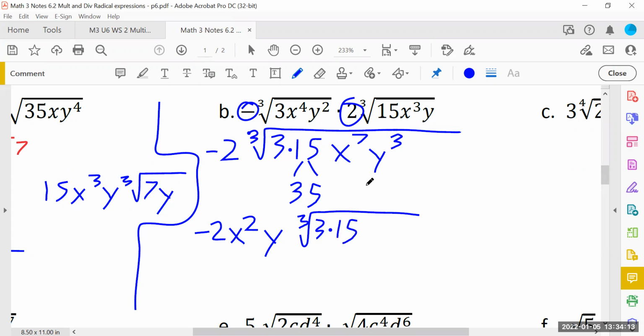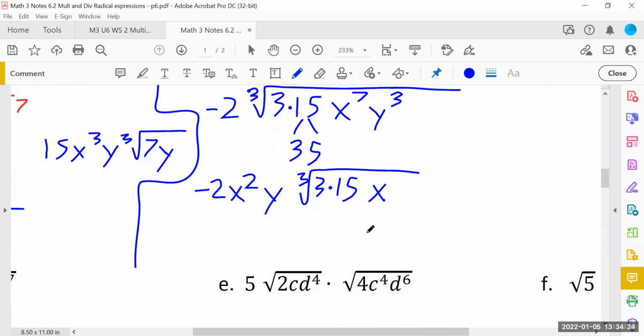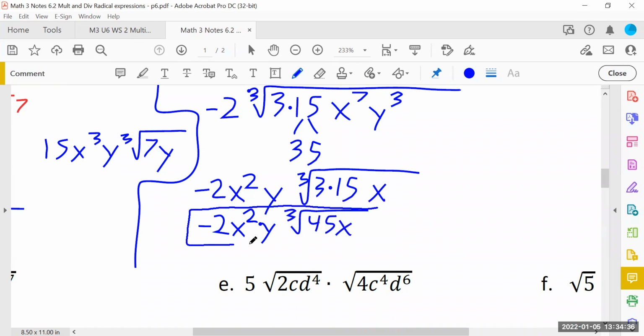Nothing came out of those. And then the x to the 7th, I took out 6 x's essentially, 2 sets of 3. There's still 1 x left over there. So my final answer here is going to be -2x squared y cube root 3 times 15 is 45x. And that would be my answer. -2x squared y cube root of 45x.